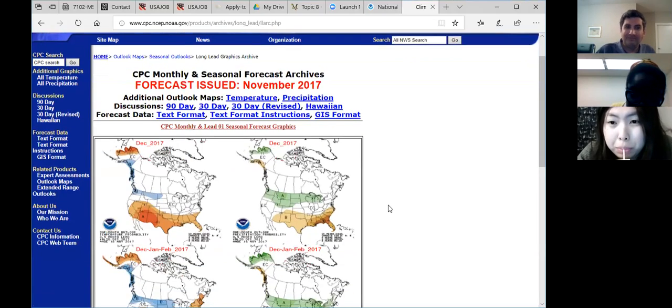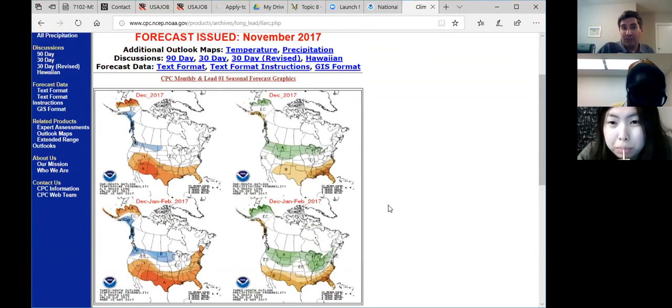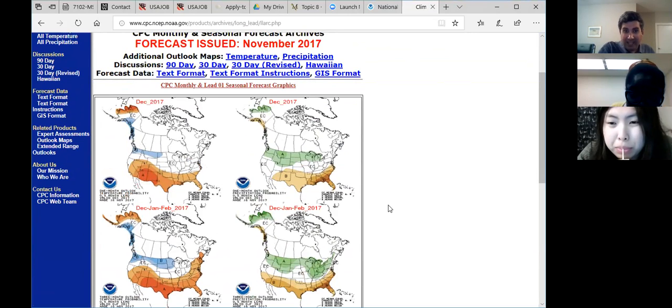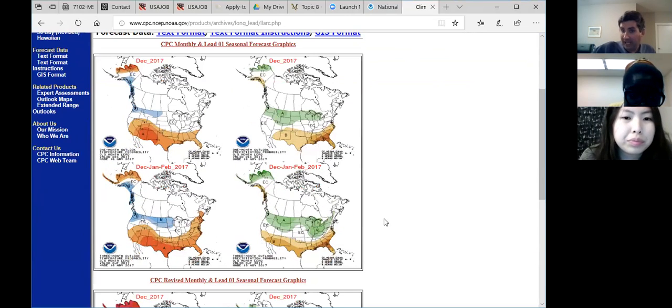Okay. And then what do we do now? So there, it's got some of your different time periods. So this first set of graphics are the 1 month lead time. This is what they issued in mid-November, the forecast for December. Expecting below normal or above normal temperatures in the southeast, below normal in the Pacific Northwest.